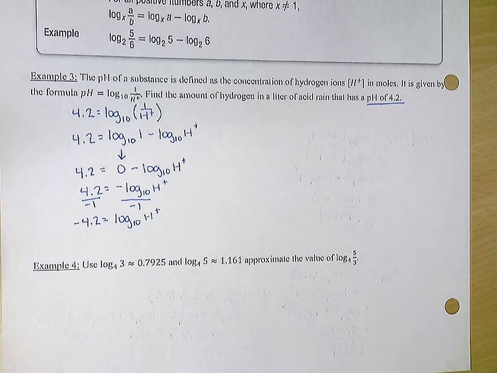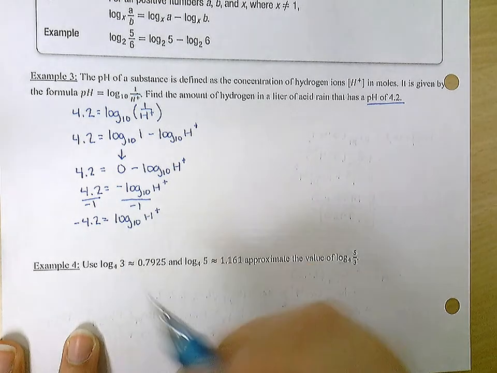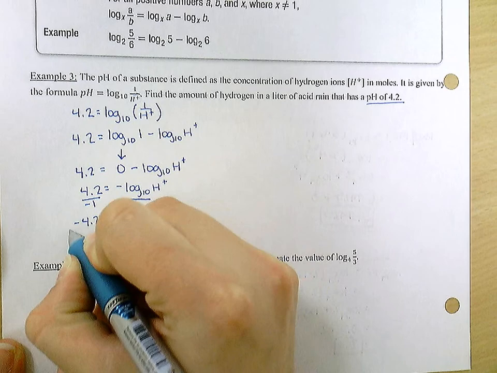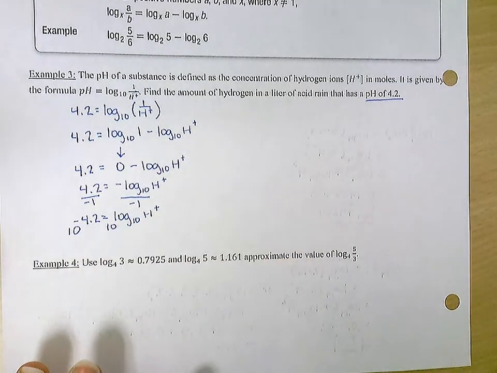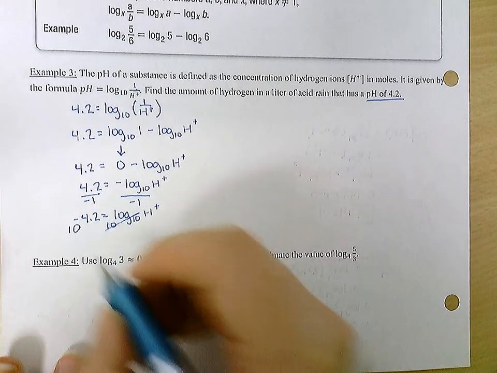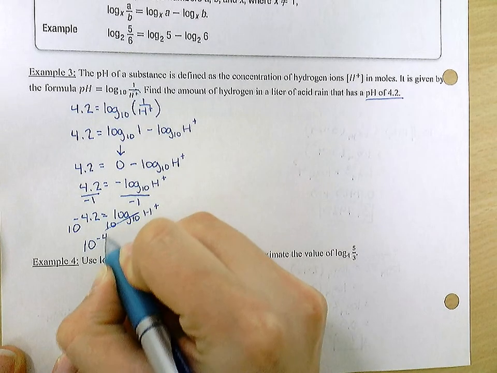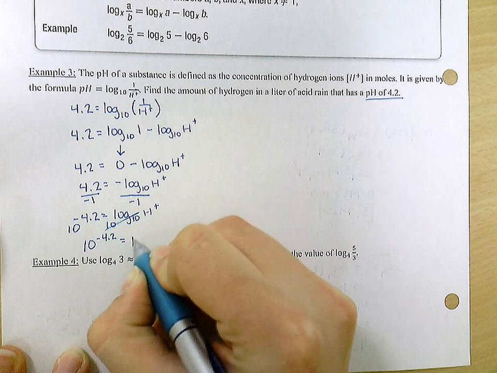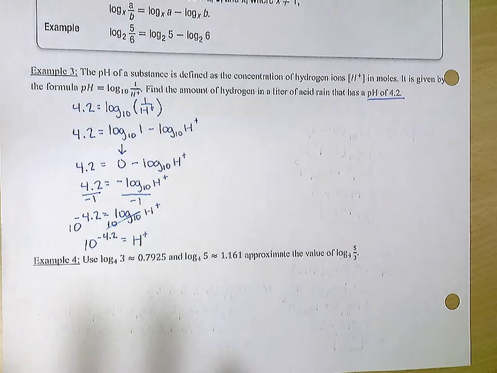Now to get H plus by itself, we're going to bring in that base 10 to get rid of our log base 10. I have to do that to both sides so that it cancels out here. So I have 10 raised to the negative 4.2, and that will equal that H plus, or hydrogen ion.